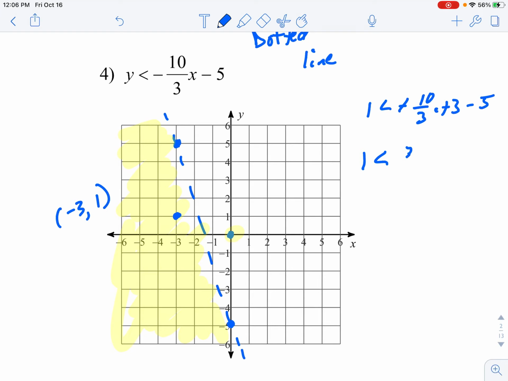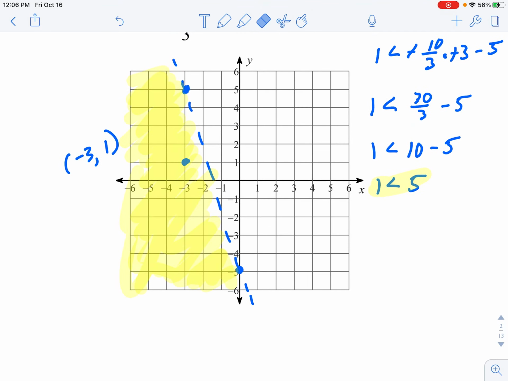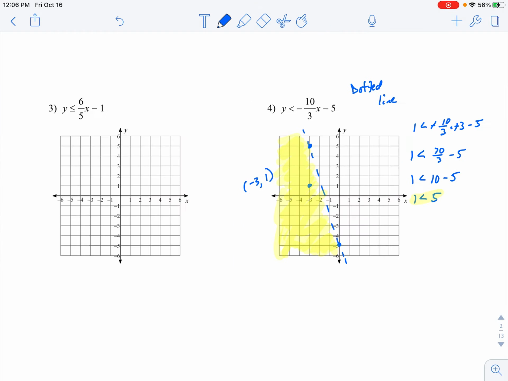That becomes 30 thirds minus 5. 30 thirds is 10 minus 5. 10 minus 5 is 5. Is 1 less than 5? Yes, it is. So yes, this is the side that gets shaded, not this side. All right, so my graph should be a dotted line with a shading on the left / lower side of the dotted line. Check number 4.